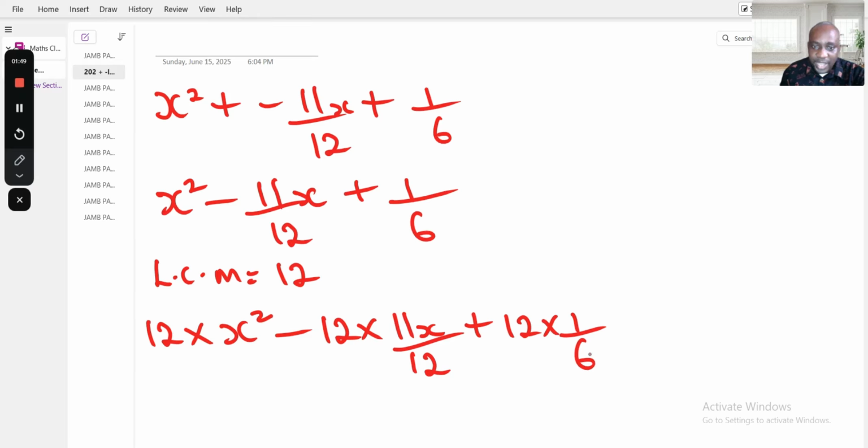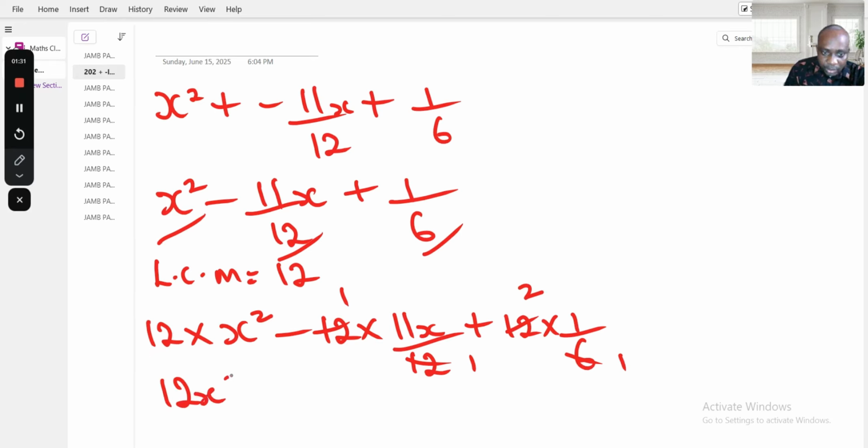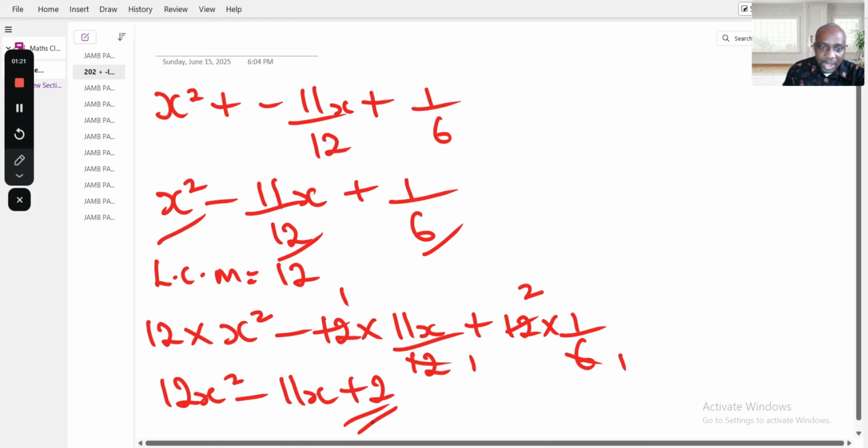Now, I've used the 12 here, multiplied by each one. Now, let's divide. 12 here 1, 12 here 1. 6 here 1, 6 here 2. What is our final answer? 12 multiplied by x raised power 2 minus what is left here? 1 multiplied by 11x, 11x. What is left here? 2. Plus 2. This is our final answer.